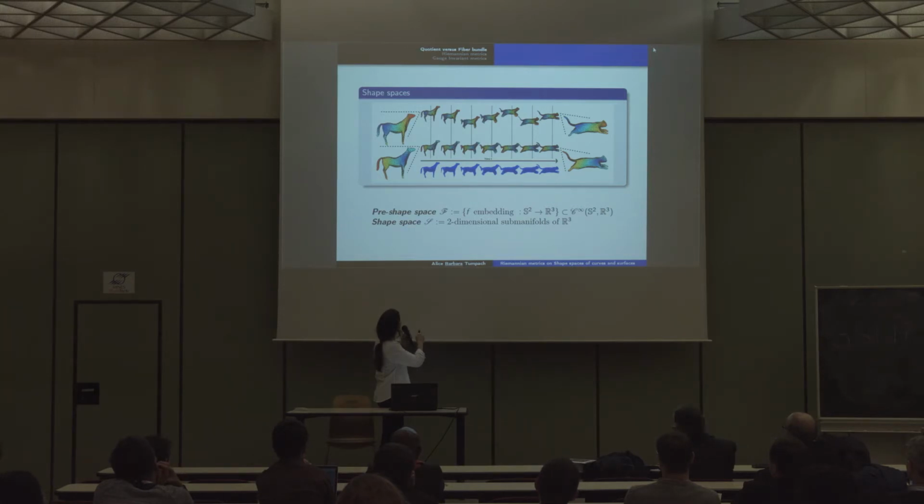Here there is a deformation of a horse into a cat. In blue, that's the deformation in the shape space. And over there are two paths that project to the same deformation into the shape space, but with different parametrization. And the parametrization is really varying in the fibers.